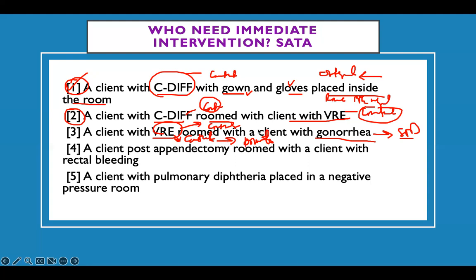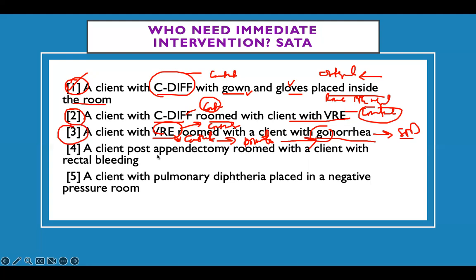They have to be in a private room because they can infect other people. A gonorrhea patient cannot transmit the disease to the VRE patient, but the VRE patient can transmit the disease to the gonorrhea patient. It's not appropriate to room a patient with VRE with a gonorrhea patient. You're going to infect this patient. So that's wrong. We need to intervene.